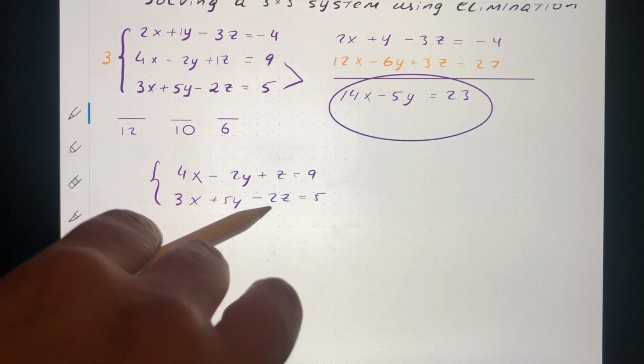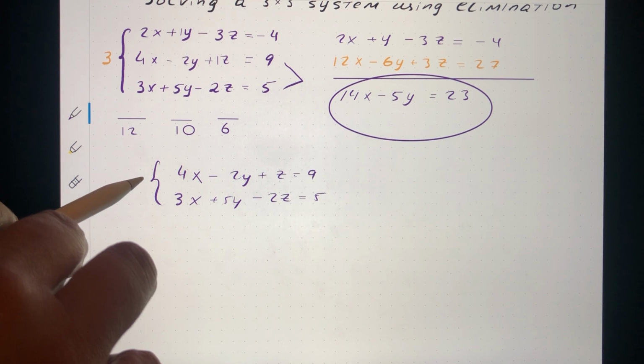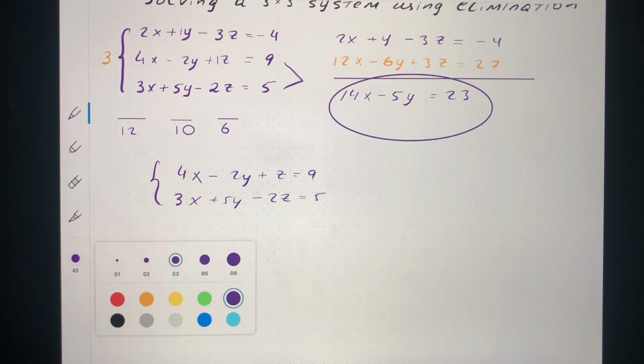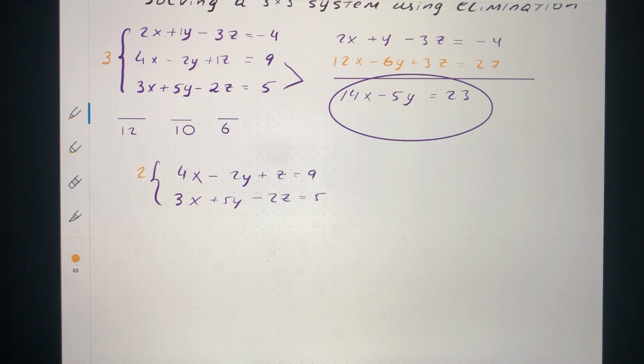One is plus, one is minus, which means we're multiplying this equation by 2 all the way through. So if we're multiplying through by 2, we're going to get 8x minus 4y plus 2z is 18, and the second equation is unchanged. 3x plus 5y minus 2z is 5.